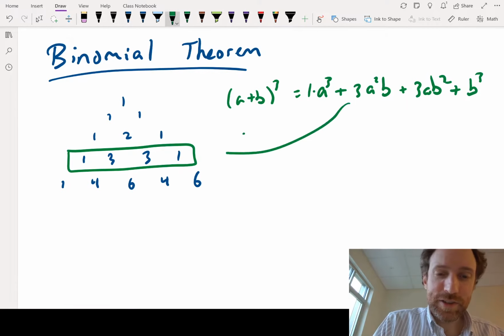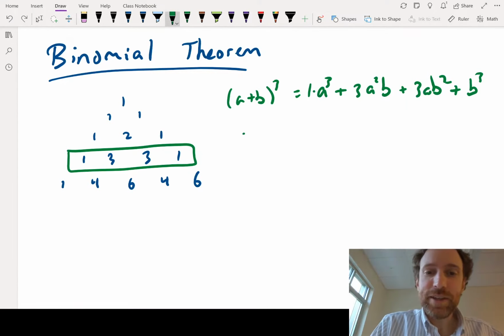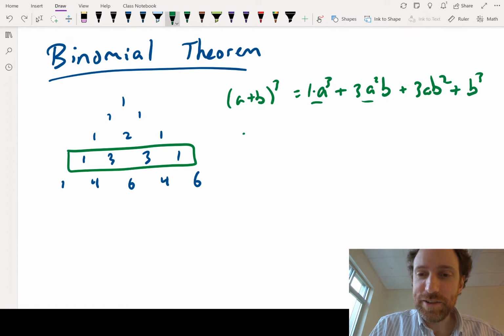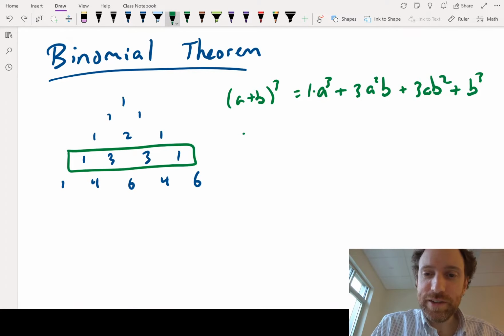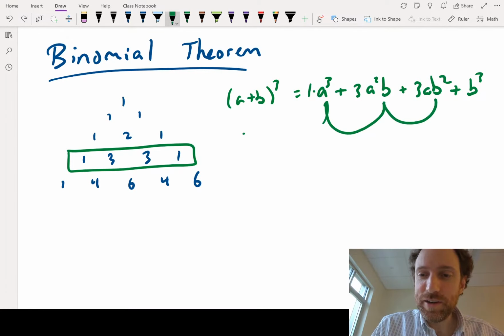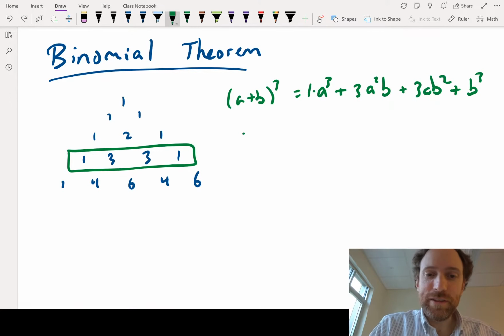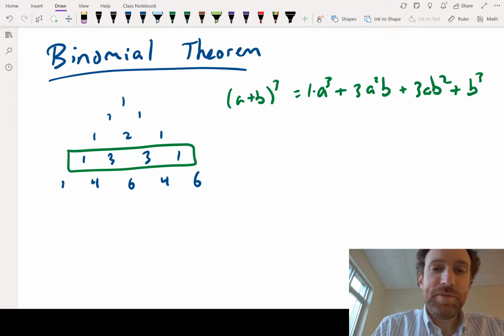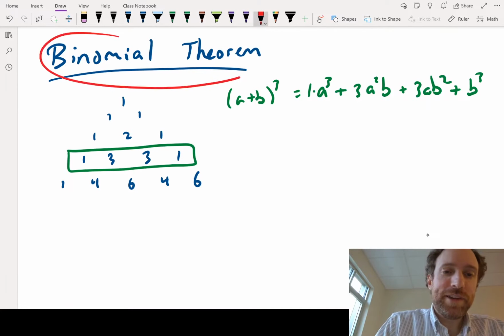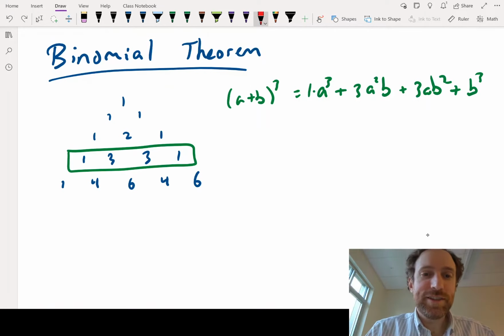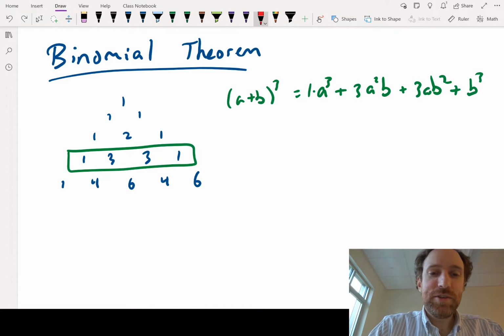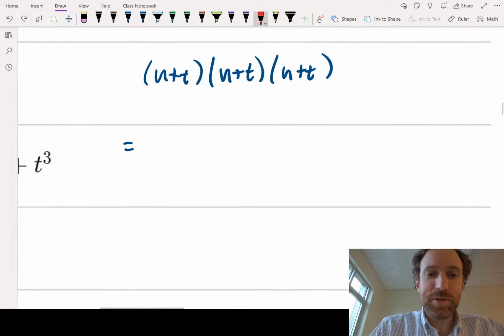And the coefficients I got from here. You can see the powers of a decrease from 3 to 2 to 1 to a to the 0, and the powers of b increase from b to the 0 to b to the 1, b to the 2, and b to the 3. If you want to know more about the binomial theorem, feel free to look this up or ask about it later. Otherwise, you don't need this, you can just distribute.